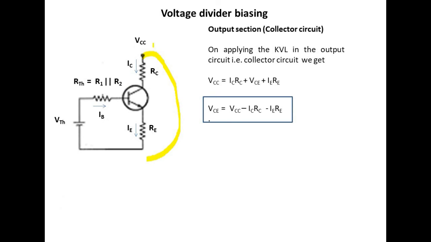On applying KVL in the output circuit, we get VCC is equal to ICRC plus VCE plus IERE. And we have got VCE is equal to VCC minus ICRC minus IERE.